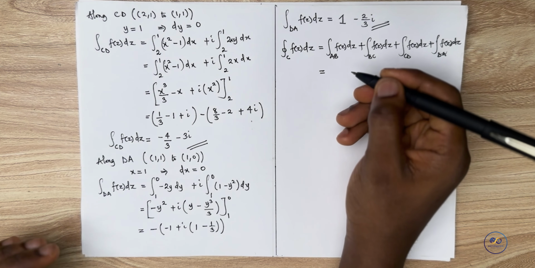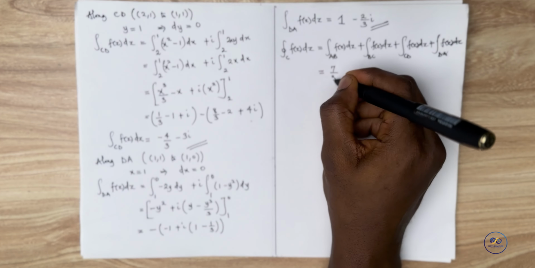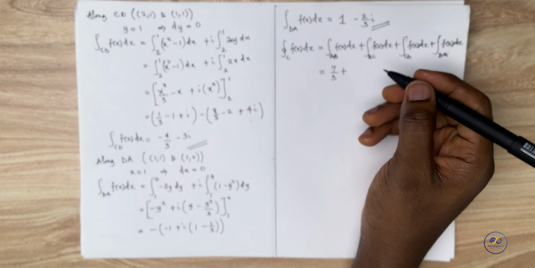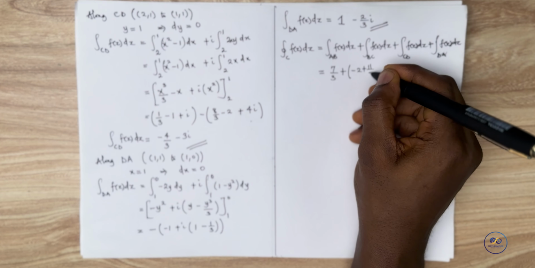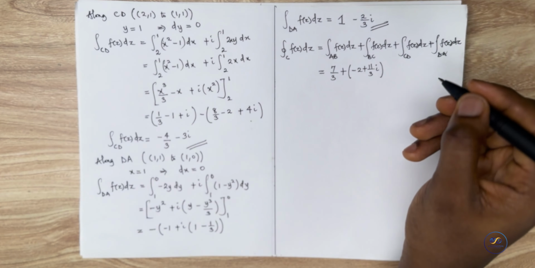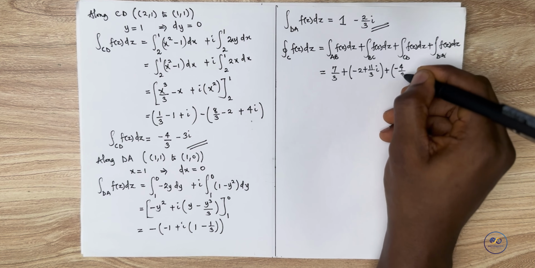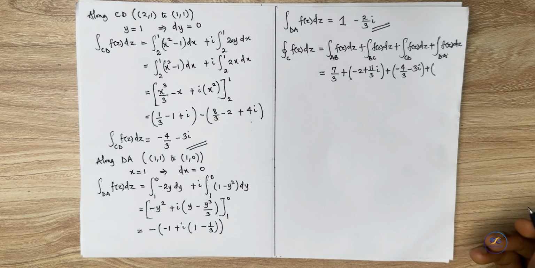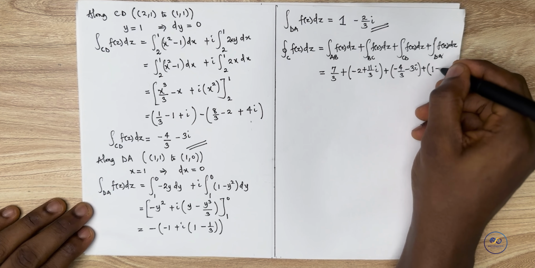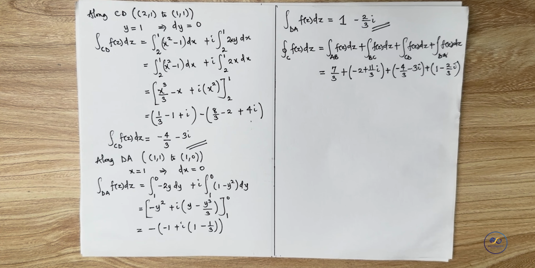And then we have that the integral along AB gave us 7 over 3 plus the integral along BC gave us minus 2 plus 11 over 3i. The integral along CD gave us minus 4 over 3 minus 3i, and then the integral along DA gave us 1 minus 2 over 3i. So this is what we have.